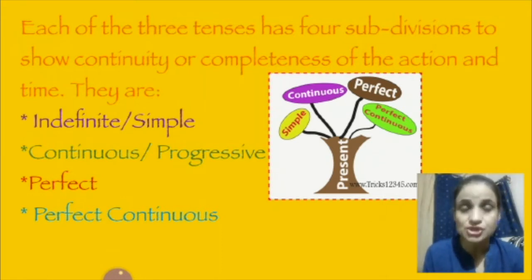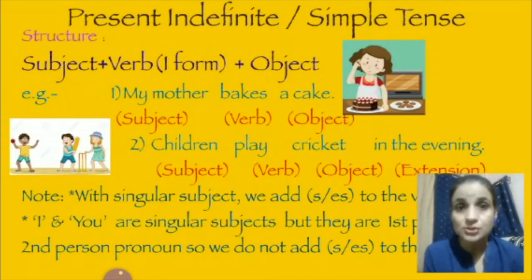So in short, you have to study 12 different kinds of tenses. It's a vast topic, so we will study tenses in parts. Today we are going to study part 1, and in this part we will learn about present tense. So we are starting with present indefinite or present simple tense.